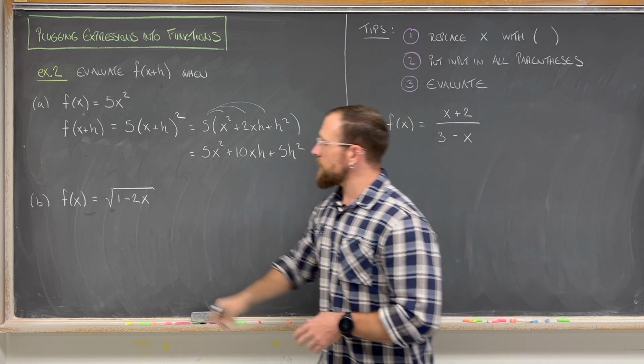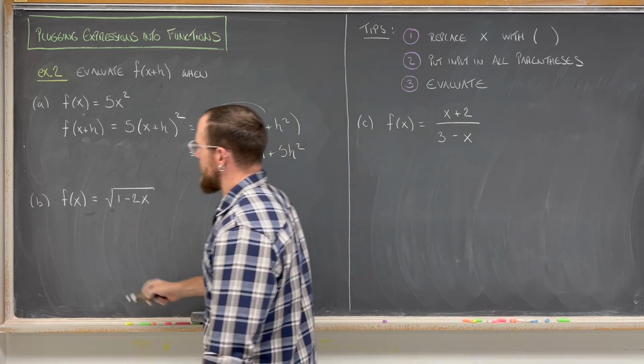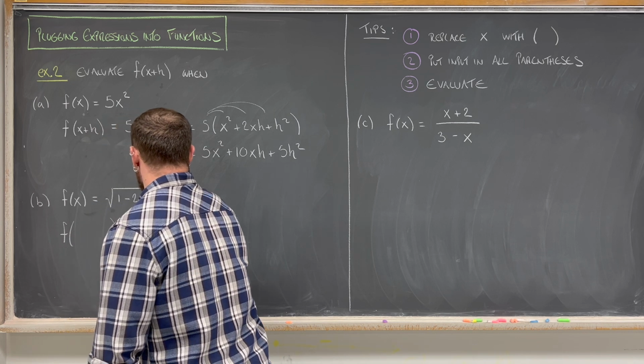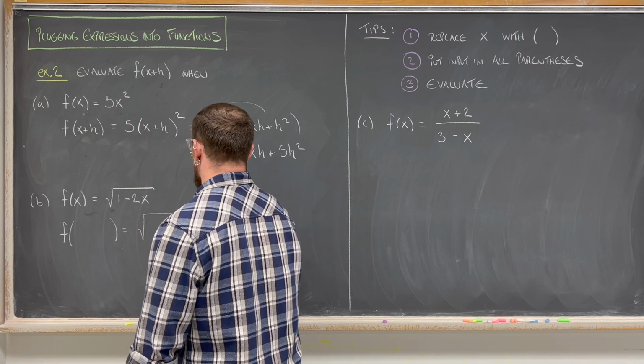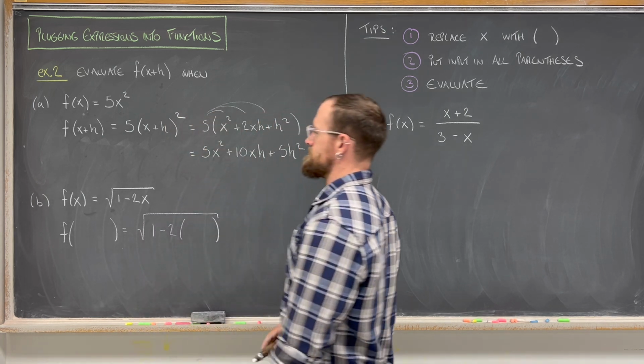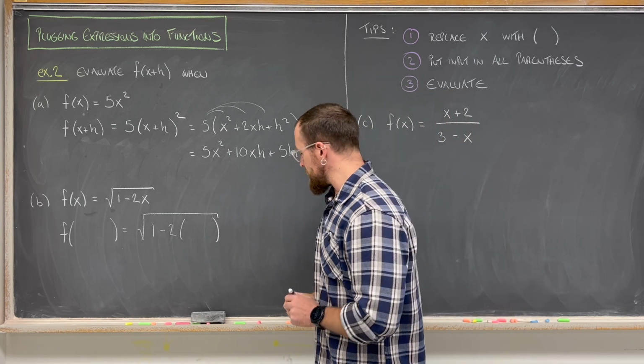What if the function was this? What if it was the square root of 1 minus 2x? Okay, that is to say that this function is the square root of 1 minus 2 times the input. No matter what the input is, this is what it does to it to produce the output.